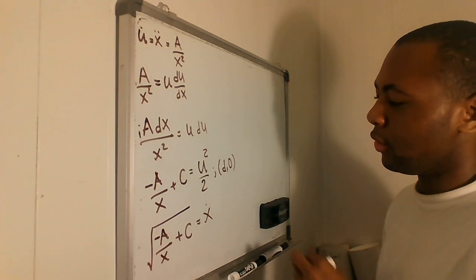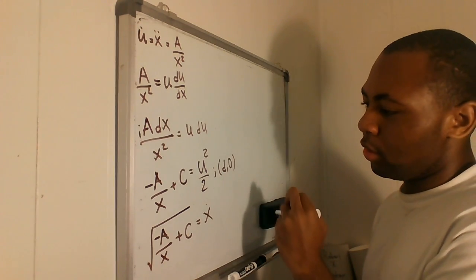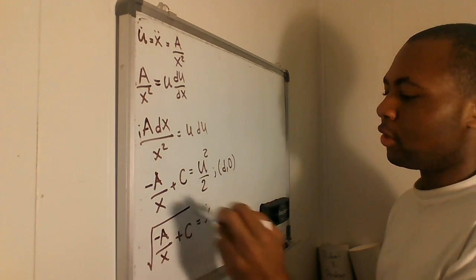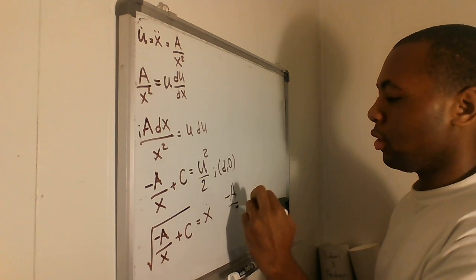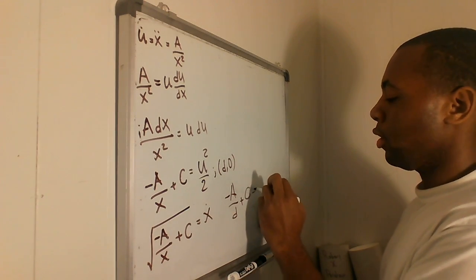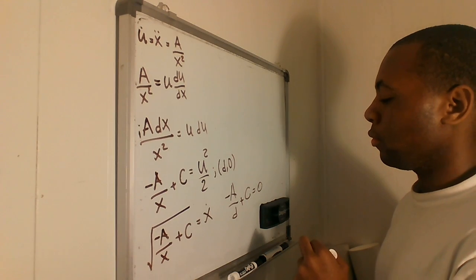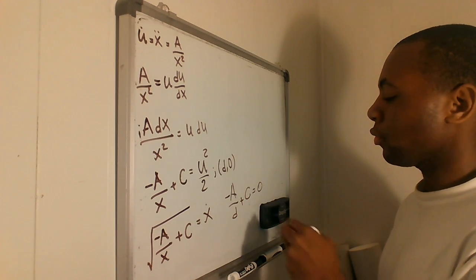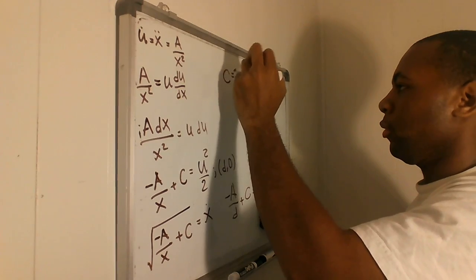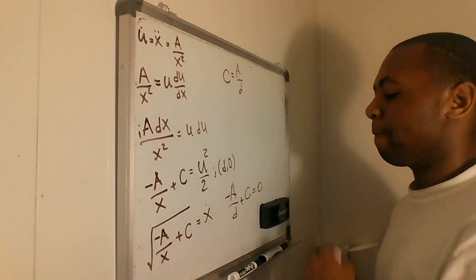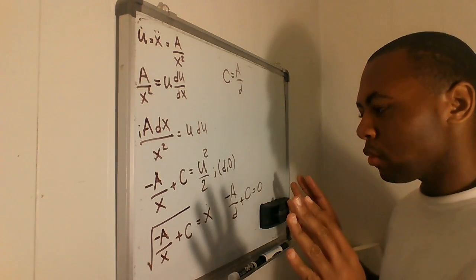These are your initial conditions. So at x equals d, minus a over d plus c equals 0. Therefore c equals a over d. Cool.